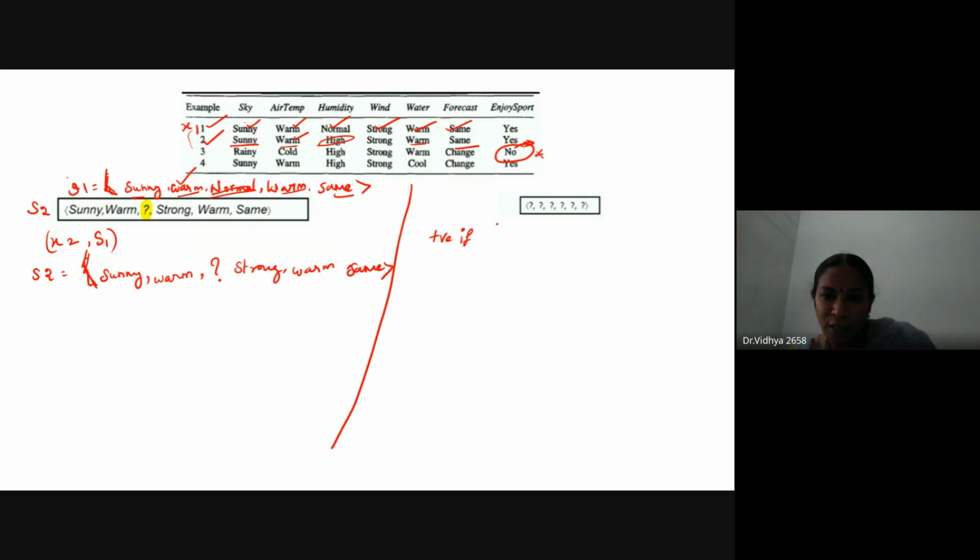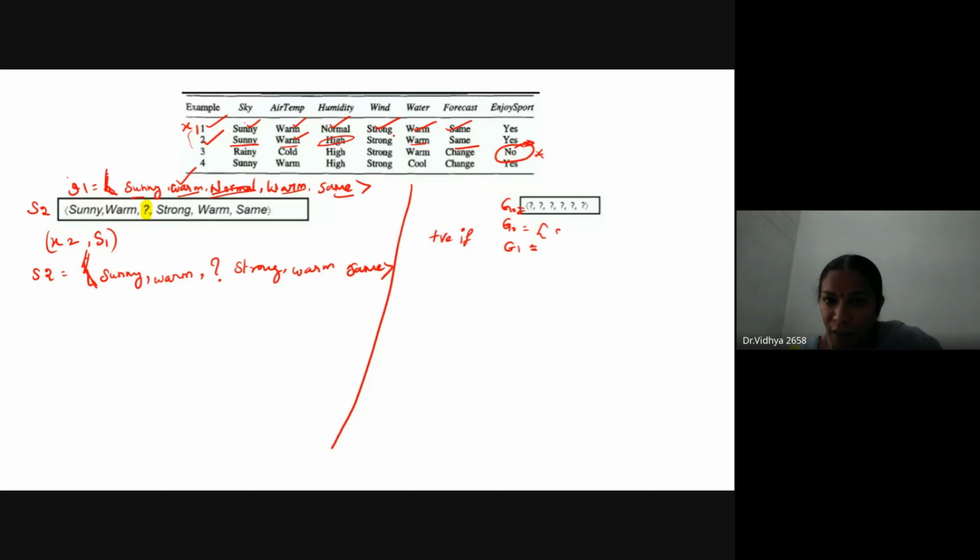In our previous slide we have written G0, and similarly we have written G1 also. G0 is the general hypothesis, given initially as a question mark. Then the next one is G1, where we again compare G0 along with the rest of the attributes.